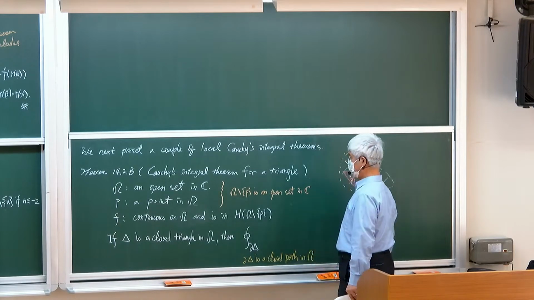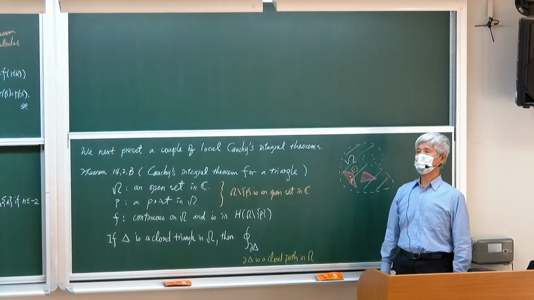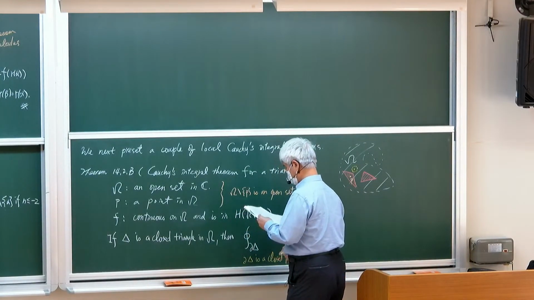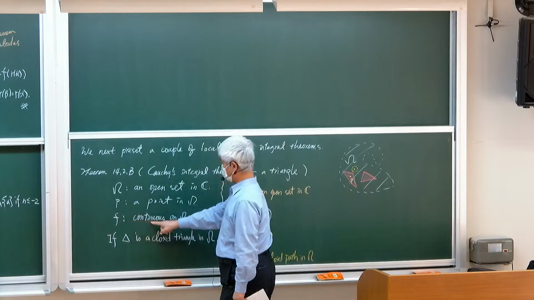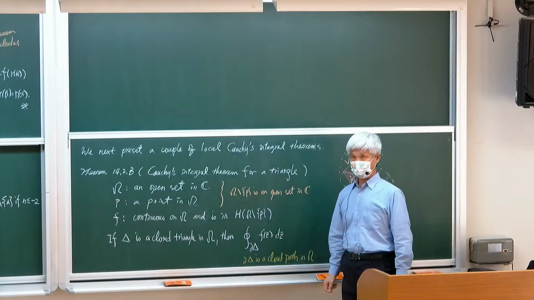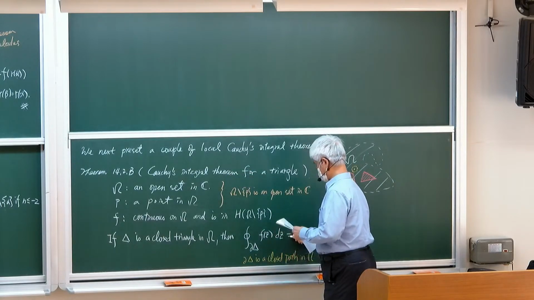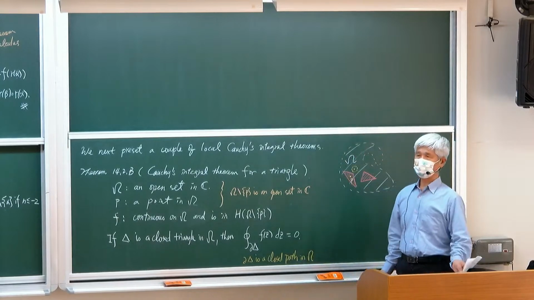All right, and the line integral, where the integrand is f itself, is well defined because f is continuous. And the conclusion of the theorem is that this is equal to 0.